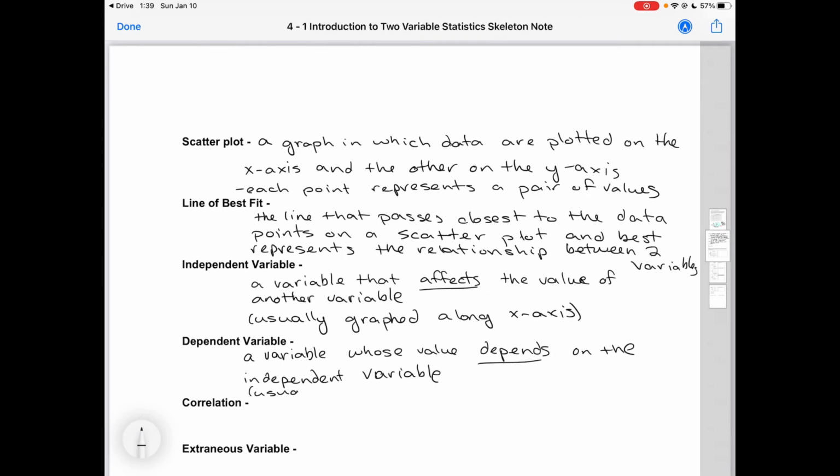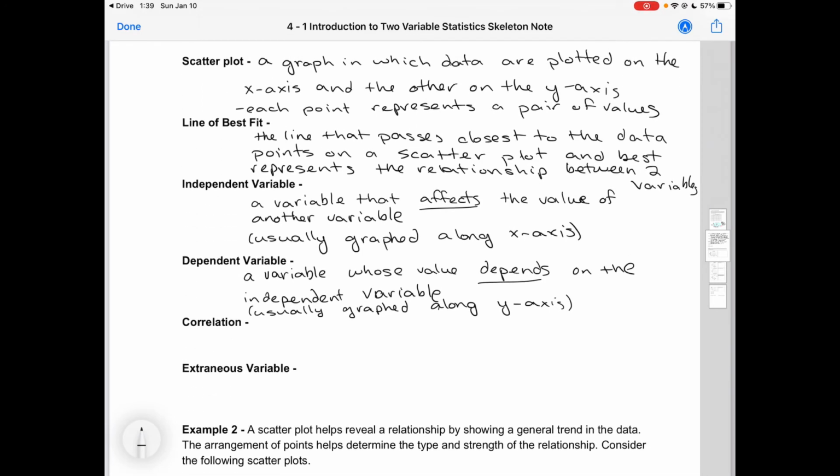Typically, this one is graphed along the y-axis. Using these tools allows us to determine the correlation, which is the relationship between the independent and dependent variable.